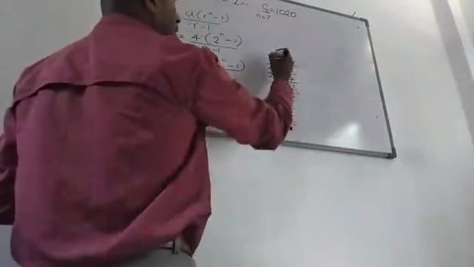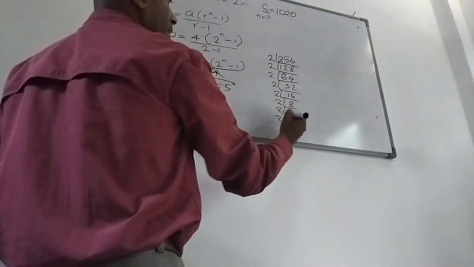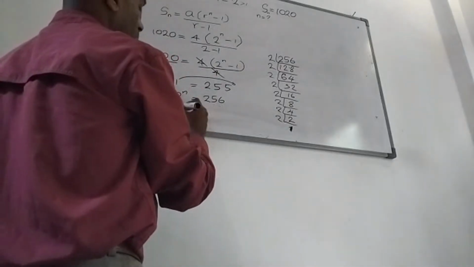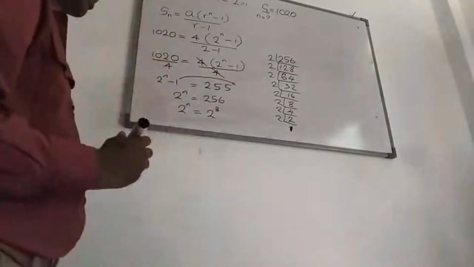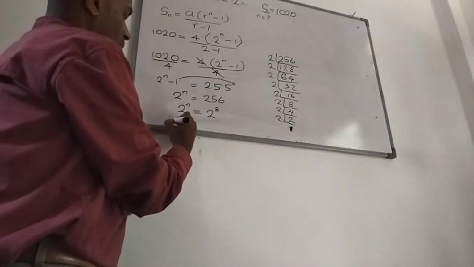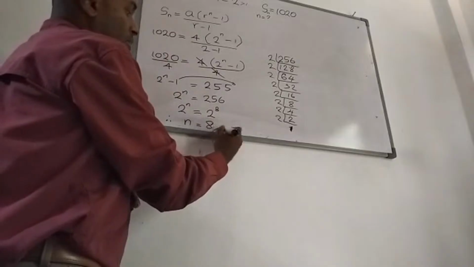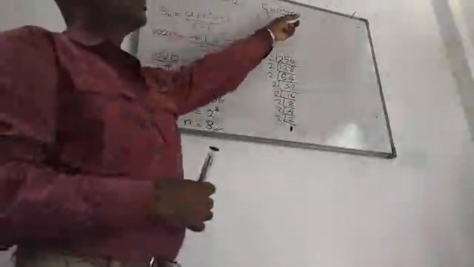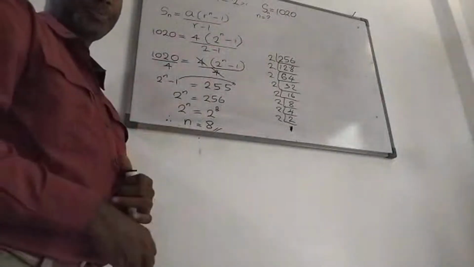Then how many twos? 1, 2, 3, 4, 5, 6, 7, 8. 2 to the power n equals 2 to the power 8. Therefore, n equals 8. You need to add 8 terms to get the sum equal to 1020 in this geometric progression.